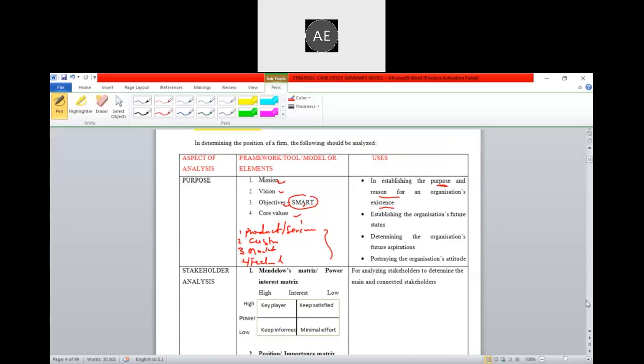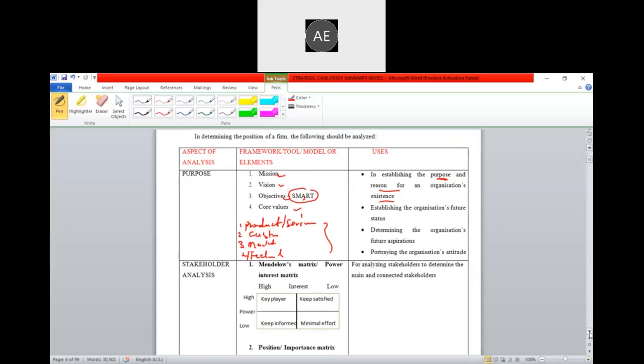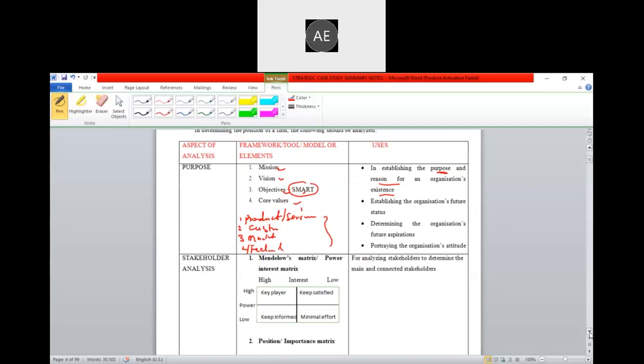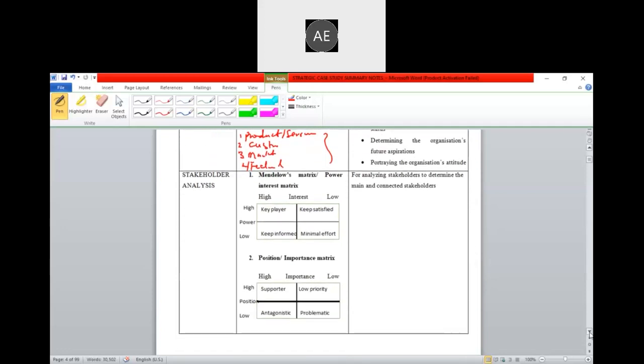So what I want to put across is that good core values, or acceptable ethical principles, acceptable attitudes, are those that can help the entity achieve their mission, their vision, and their objective. All right. So this is the first aspect of strategic position analysis. Then, after analyzing the purpose by going through the mission, the vision, the objectives, and the core values, the next strategic position analysis is the stakeholders' expectation analysis.